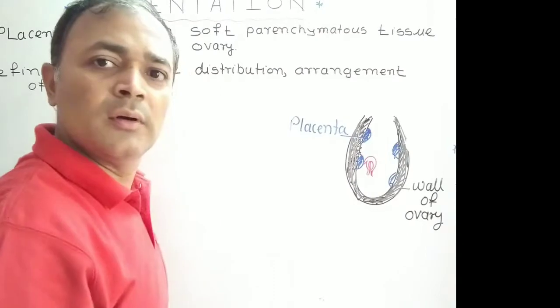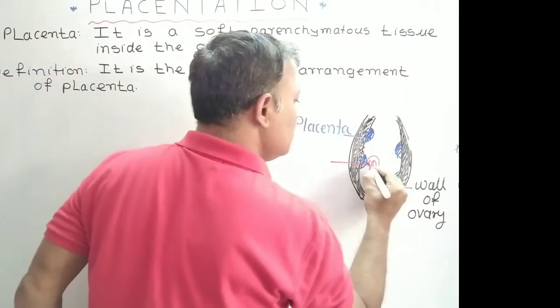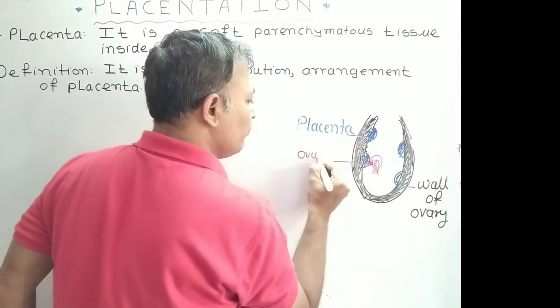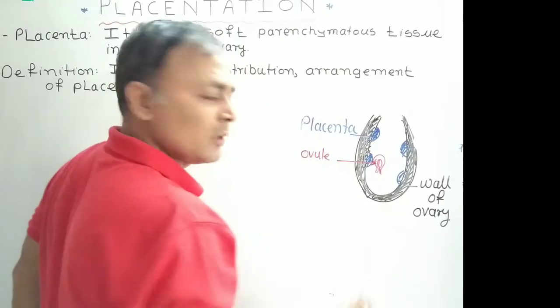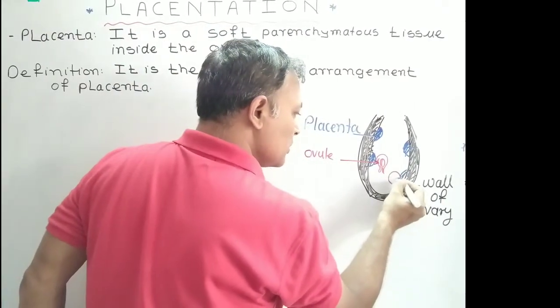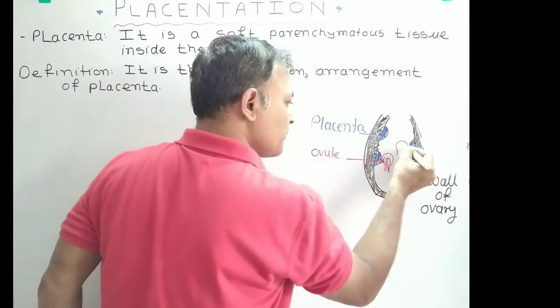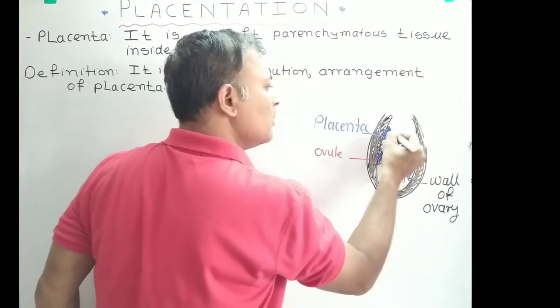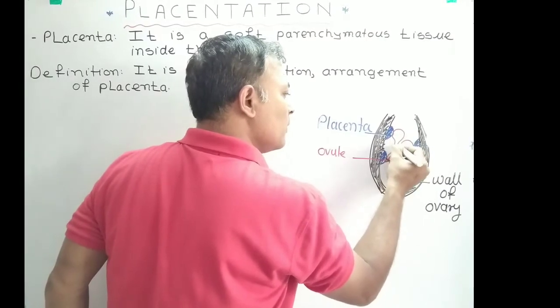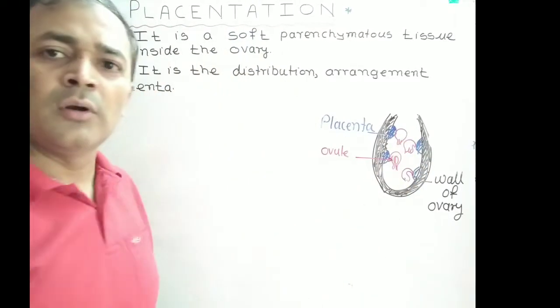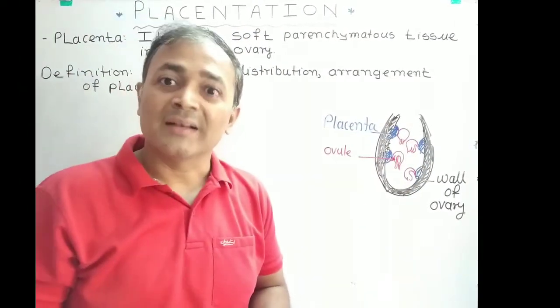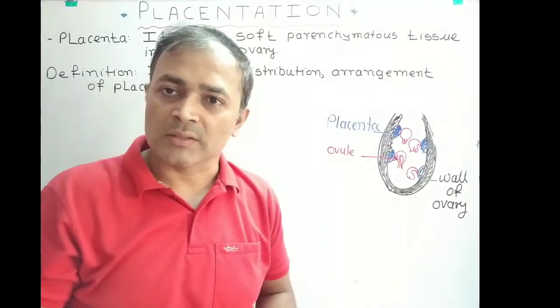This is the ovule. Like this. Over here also there is an ovule. Here also there is an ovule. Here also is an ovule. So I hope you understand the function of placenta.